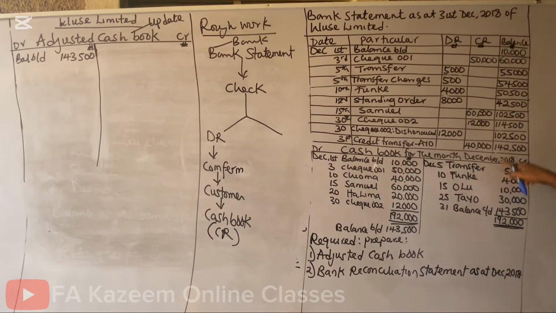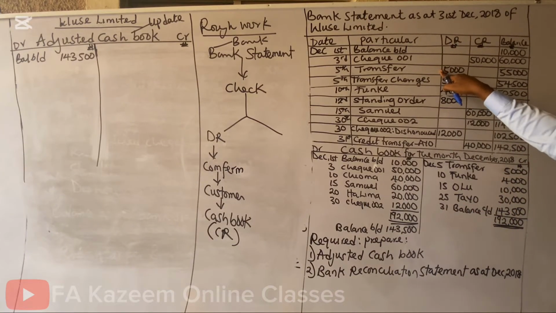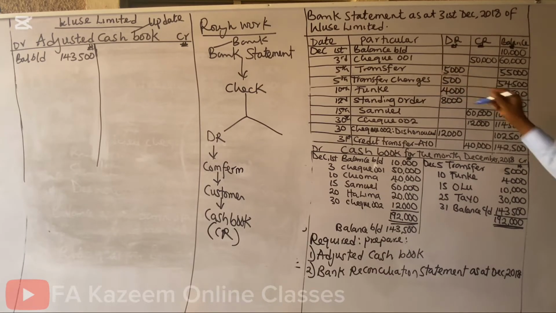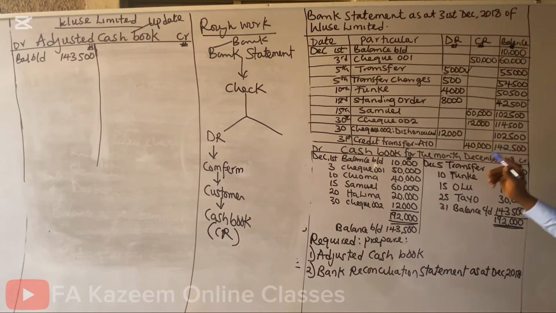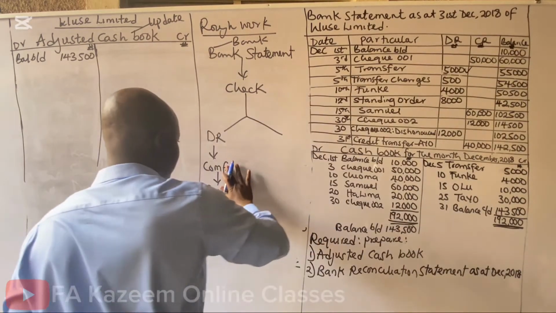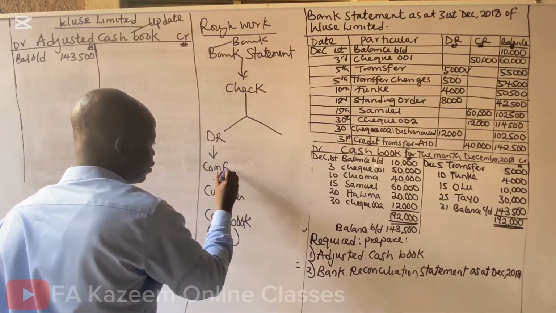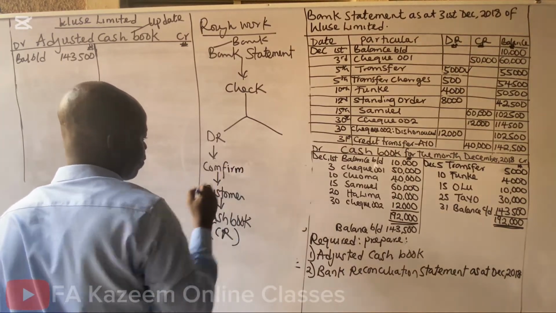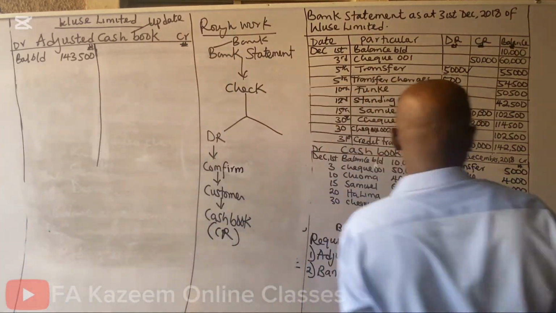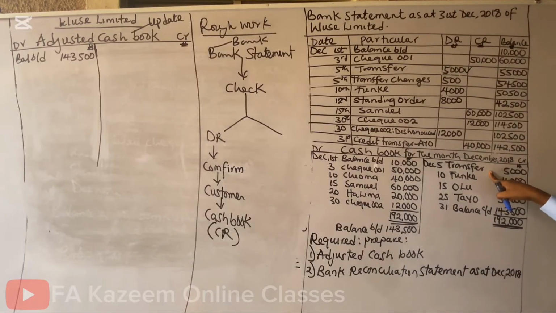The bank recorded this 5,000 on the debit side. Let's confirm it. Confirmation shows that the customer also recorded it.